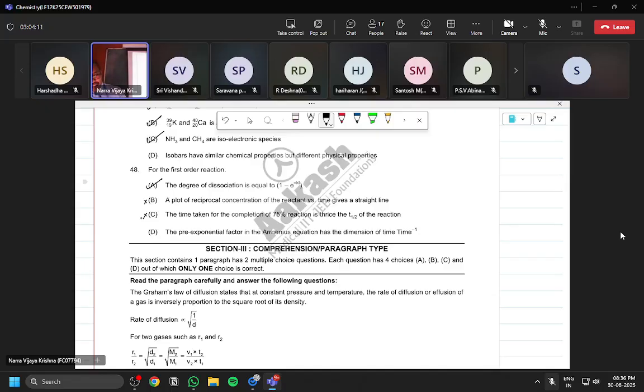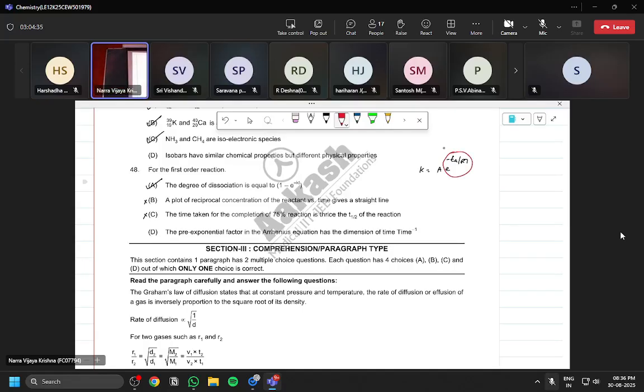Pre-exponential factor in the Arrhenius equation has dimensions of time inverse. We know k equal to A e power minus Ea upon RT. This exponential term is a fraction, so remove that.